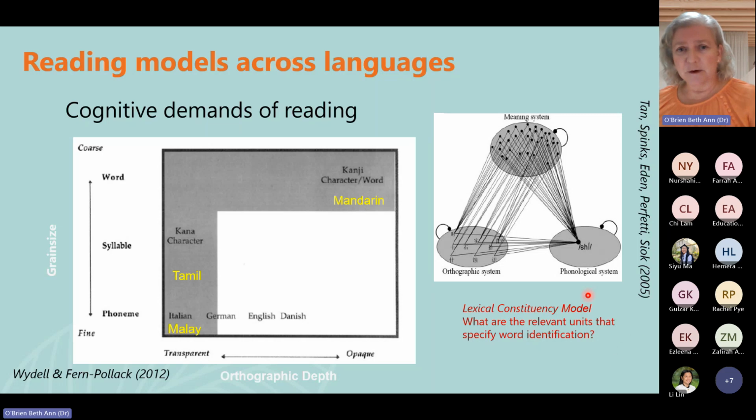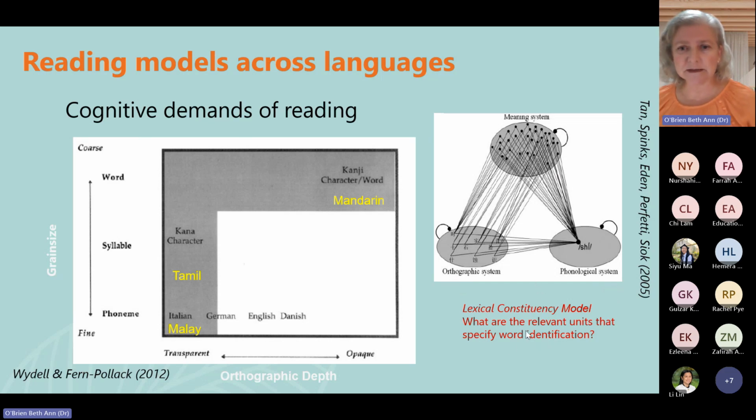In this case, if we look at their example for Chinese, we see that the mapping between the phonological system and the meaning system is many to one. So there are many homophones or homophonic words in Chinese. But if you look at the orthographic system, it's less dense, right? So you can more accurately or more specifically specify the word meaning based on the character in many cases, as opposed to the spoken word form.